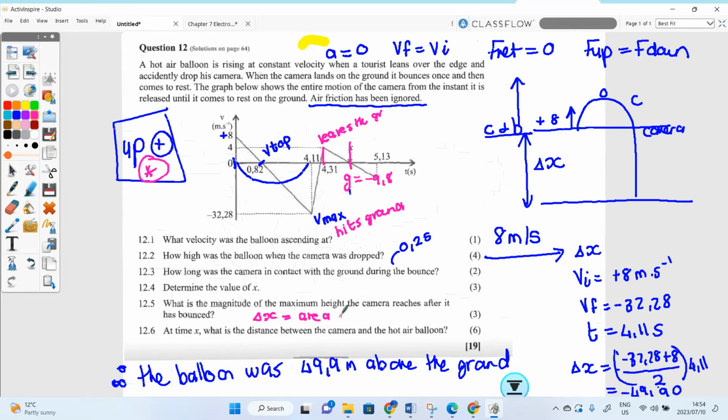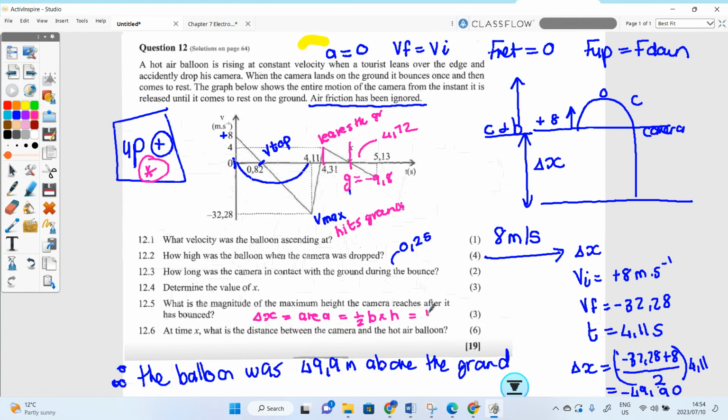What was our value of x? 4.72. So now we're going to say it's half base times height because it's a triangle. I'm just going to write base times height.